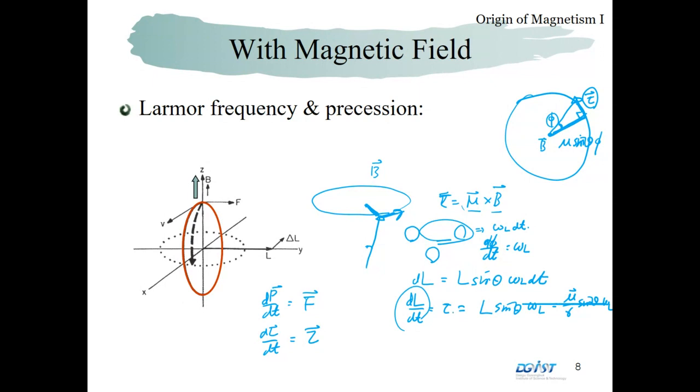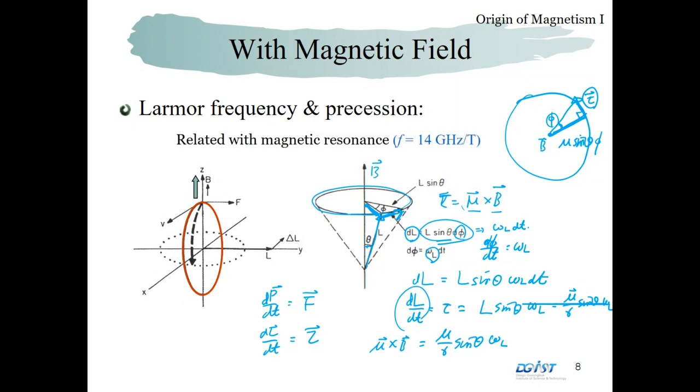The left-hand side is torque tau, this is the mu cross B. And now we have gamma L sine theta omega L. So here, this is the mu B sine theta again.